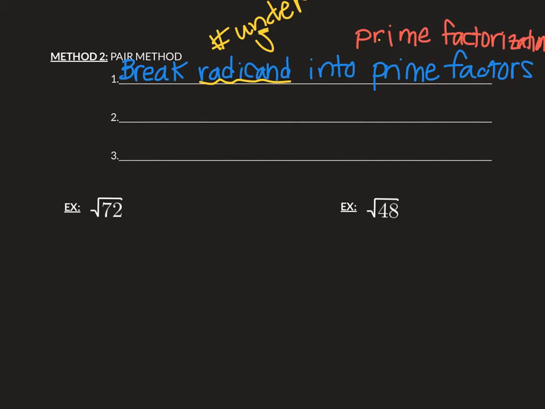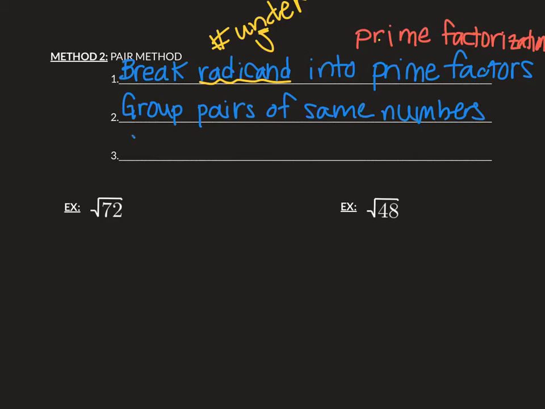What we're then going to do is we are going to group the pairs of the same numbers. 2 of a kind is what we're looking for. Pairs of same numbers. And then what we're going to do is we are going to simplify.